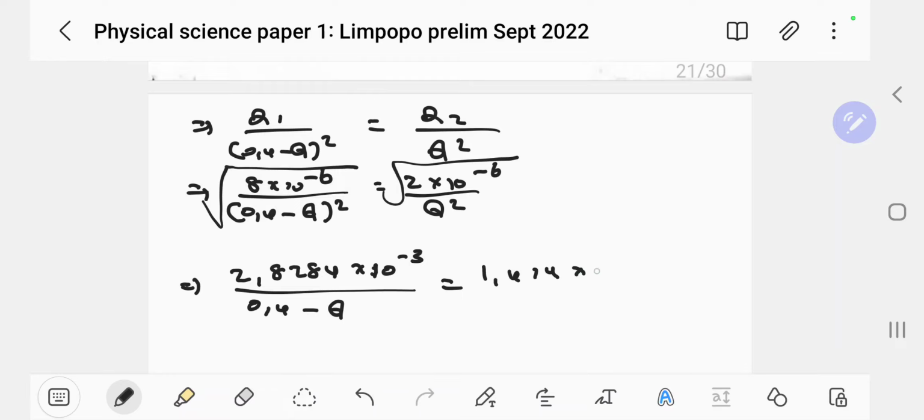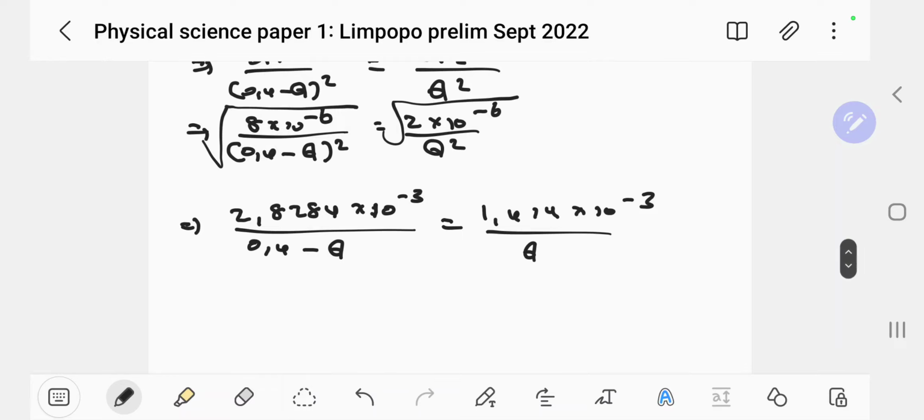We can get rid of the rest, times 10 to the minus 3 over the square root of d squared, which is just d. Okay, at this point we just do cross multiplication.